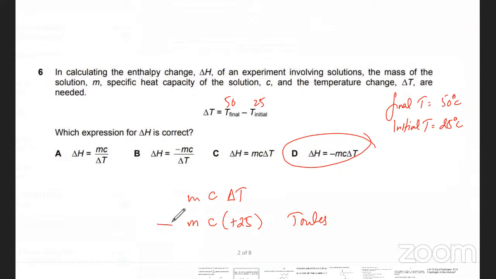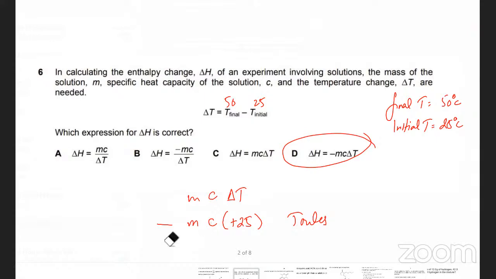Sir, but in this question, how are we able to identify whether it's exo or endo? Let's do the opposite. The whole point is you're not supposed to identify whether it's exo or endo. The whole point is whether there is going to be a minus sign in front of it or not. Okay, so let's assume it's endo. If I just take MC delta T, my sign always comes out wrong.